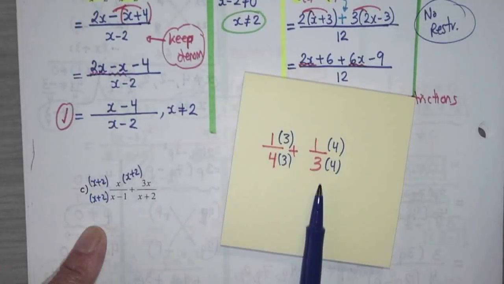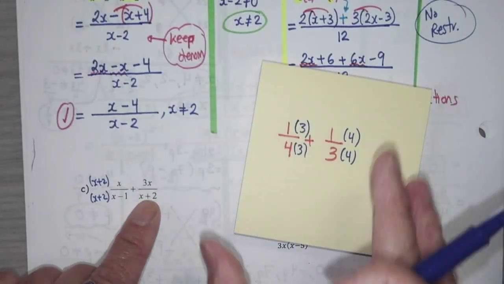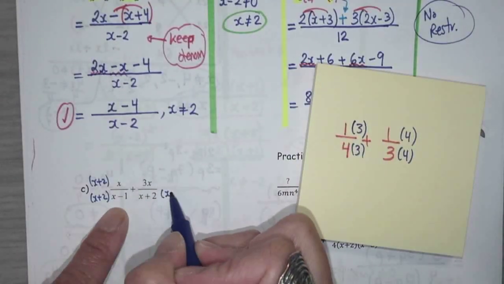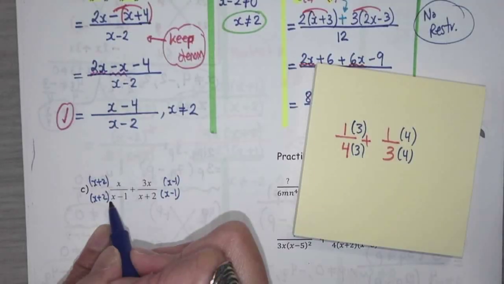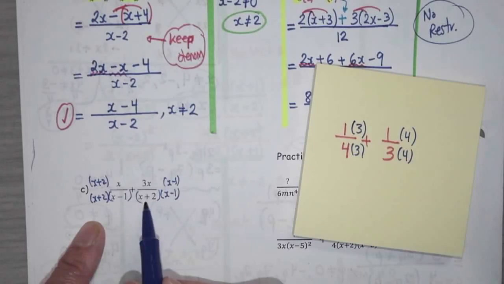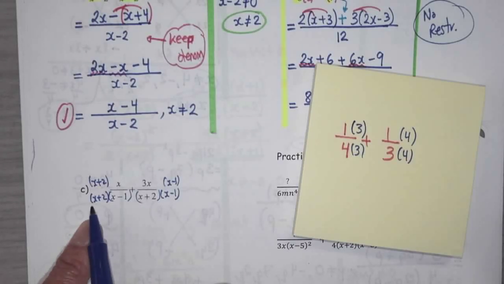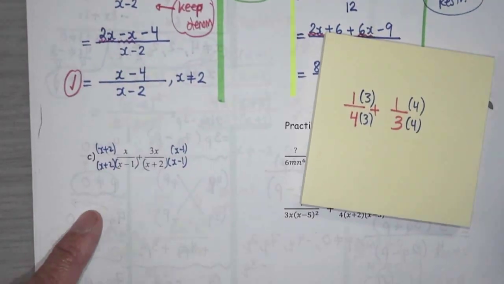I have no room. Okay, and this one by x minus 1. Okay, so now both of the bottoms, right, look at the denominators. It's an x plus 2 and an x minus 1. This is an x plus 2 and an x minus 1. So now both of the denominators are the same.